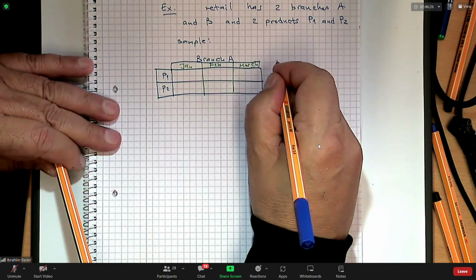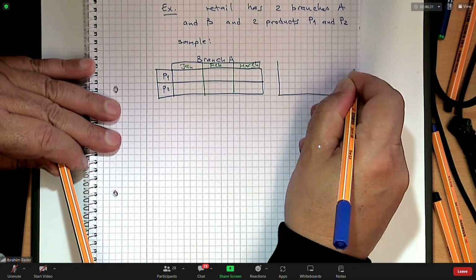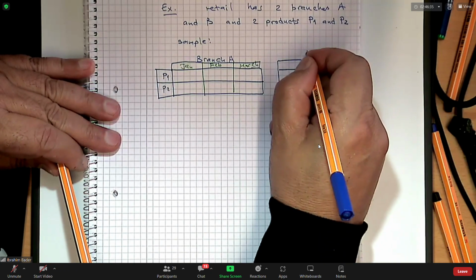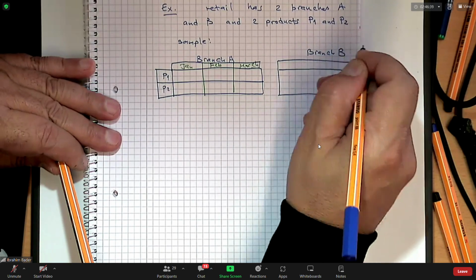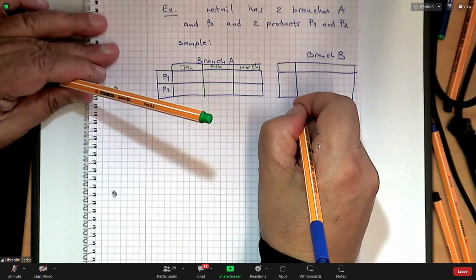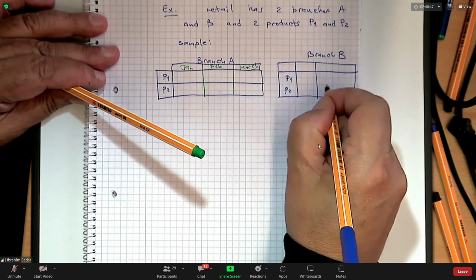And here we have the same for branch B. We have here the same items, P1, P2, and here we have the 3 months.